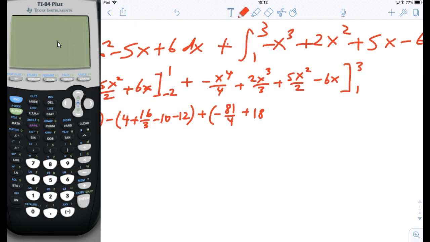Let me just check that. 3 cubed, 27, 54, 54. Yeah, okay. And then 3 squared is 9. 45 divided by 2 minus 18.